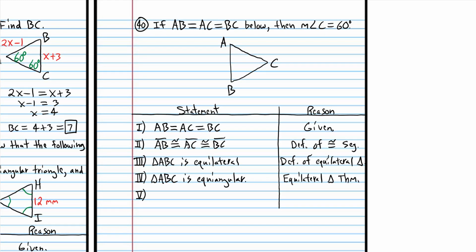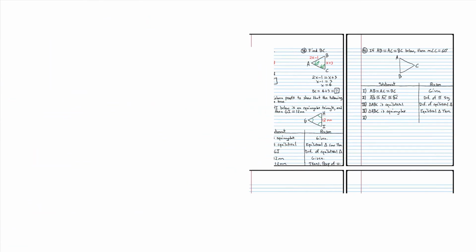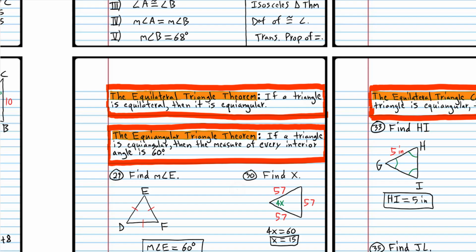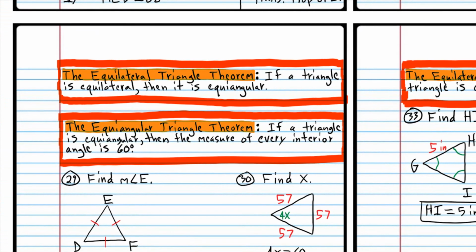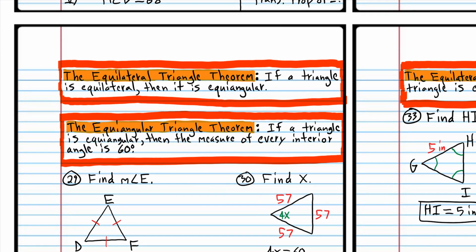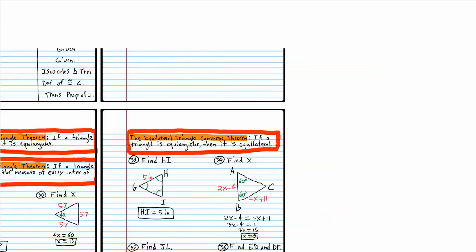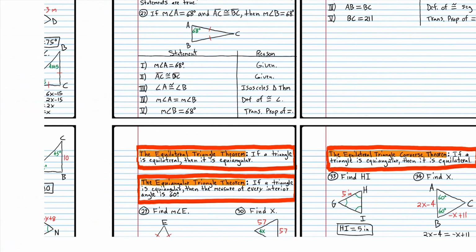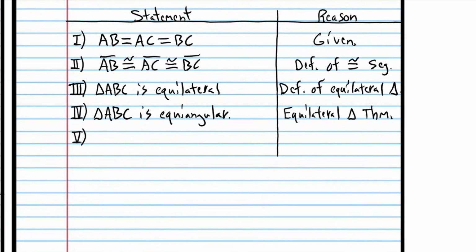So now we can say, because it's equiangular, we can use this theorem here. If we know it's equiangular, then all angles must be 60 degrees. And that is called the Equiangular Triangle Theorem. So I'm going to go ahead and write that.